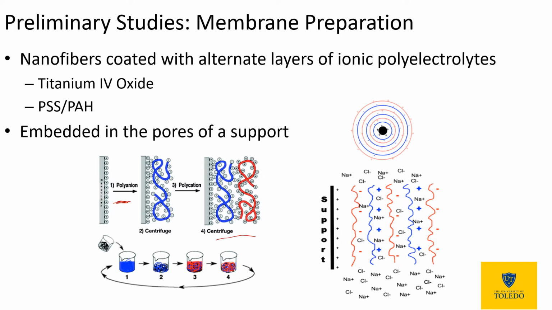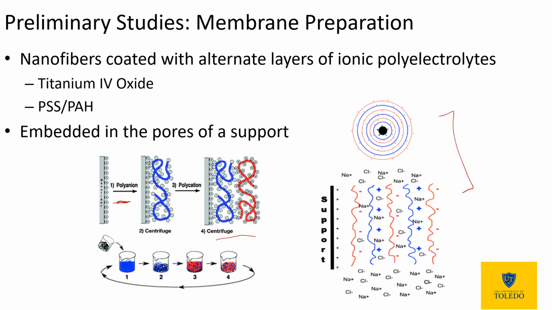By doing this, we had hoped to form what you see here over on the right, which is a concentric layered structure in which we have alternating layers of cation and anion exchange materials. And these would then form the pathways for transport in a charged mosaic membrane.